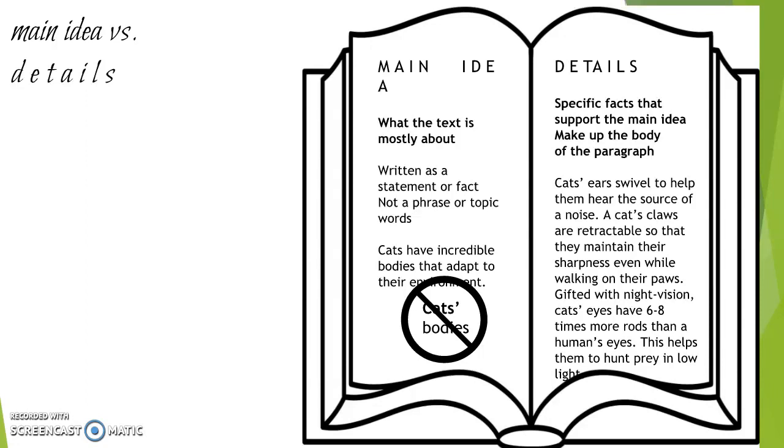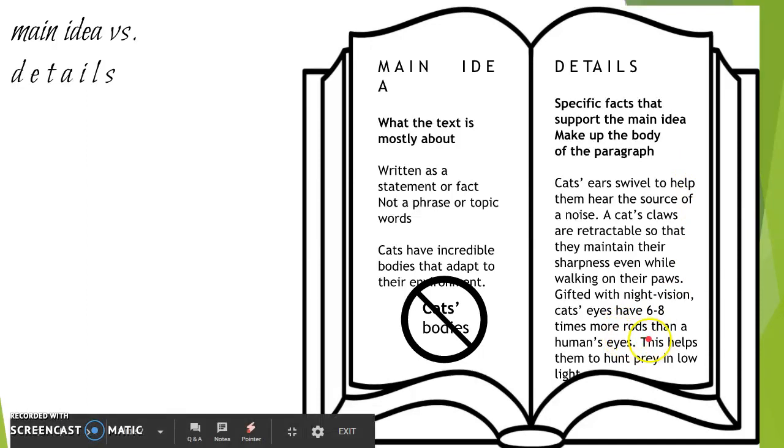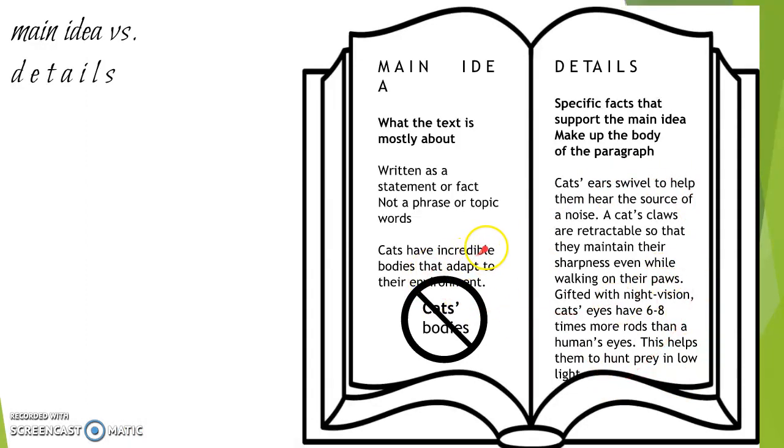Gifted with night vision, cats' eyes have 6 to 8 times more rods than human eyes, and this helps them to hunt prey in low light. So these are all the details that go along with this main idea of their bodies adapting to their environment. So hopefully you can see the difference between a main idea and then details.